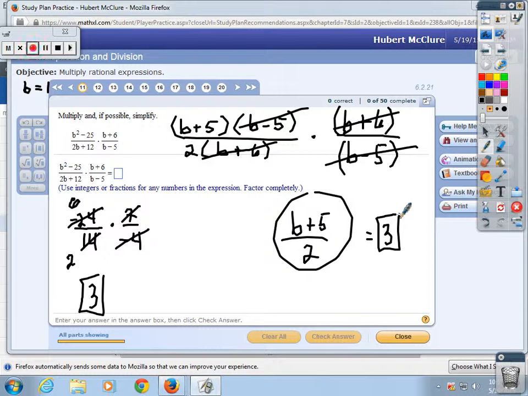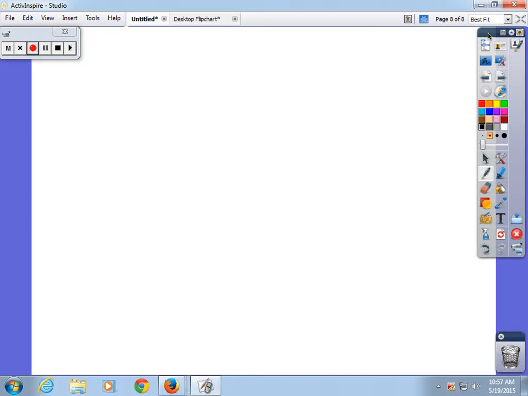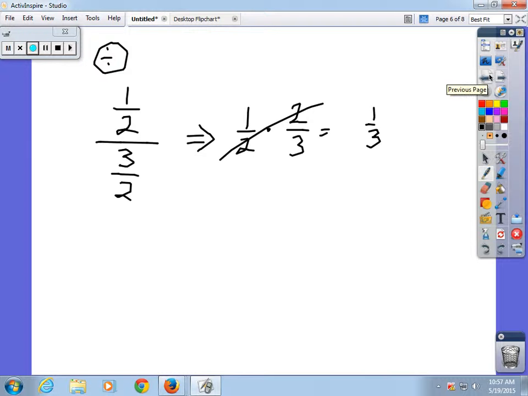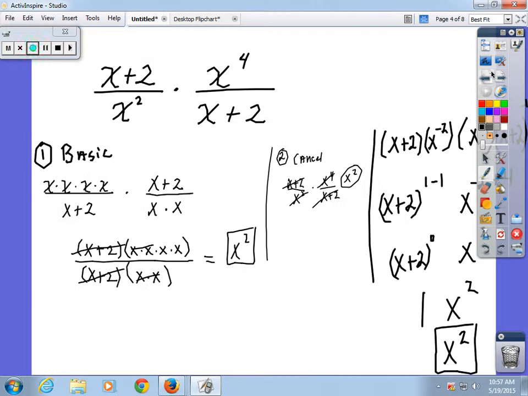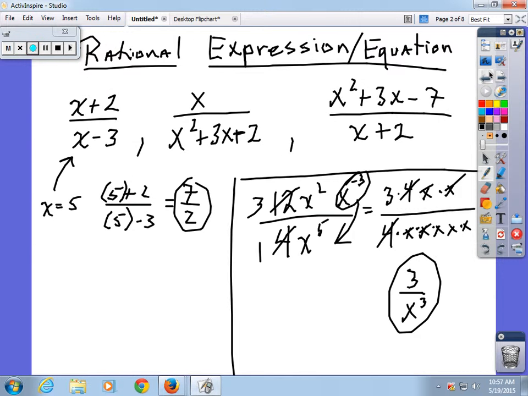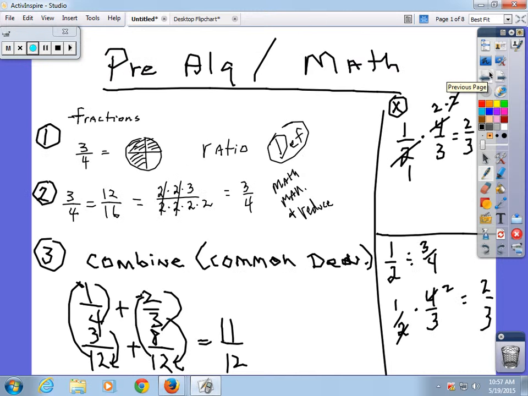And what you've done is you just basically, let's go back. Remember this? 3/4 is equal to 12/16. What we just did is we just took this out, 4 will go in there 3 times, and 4 will go in there what?